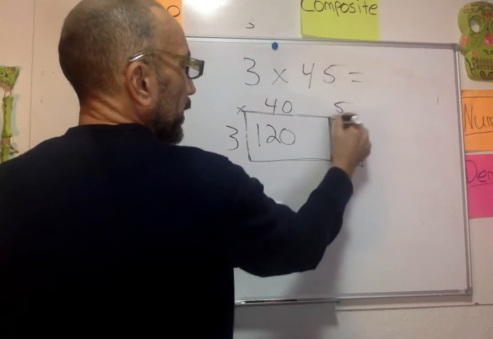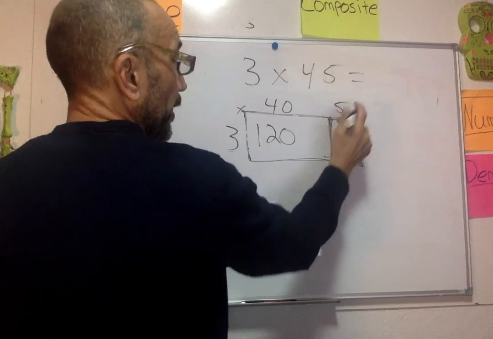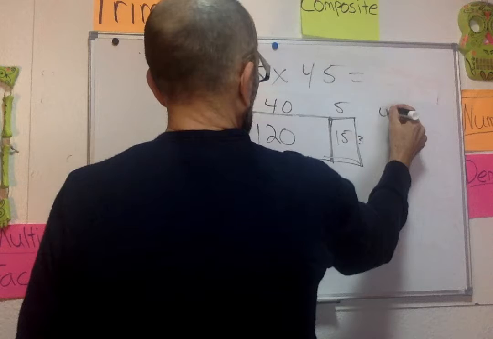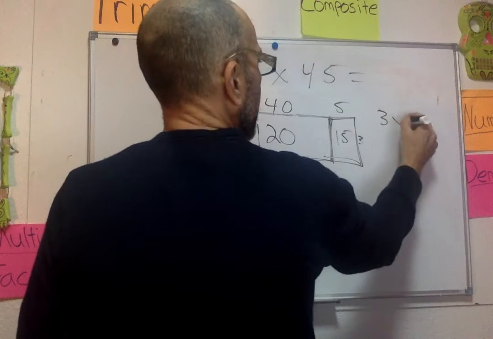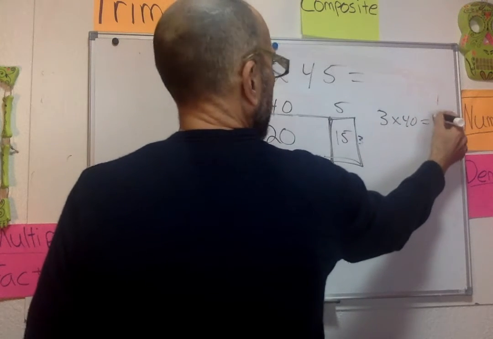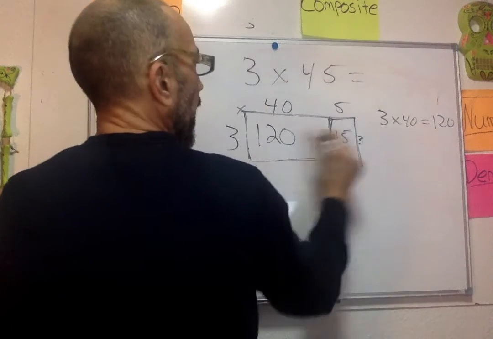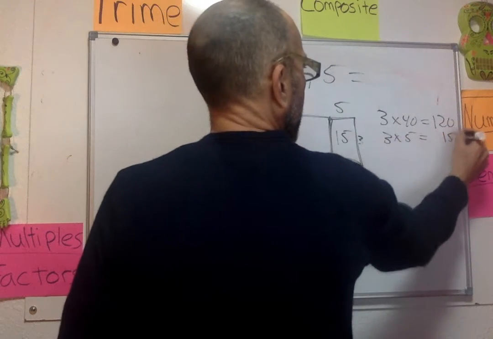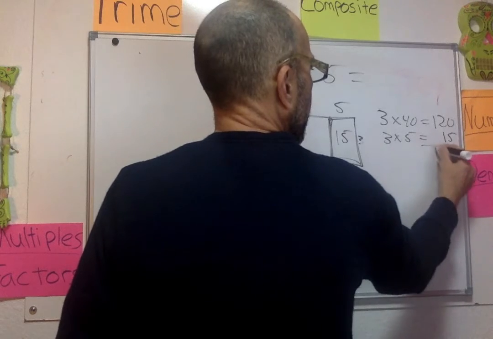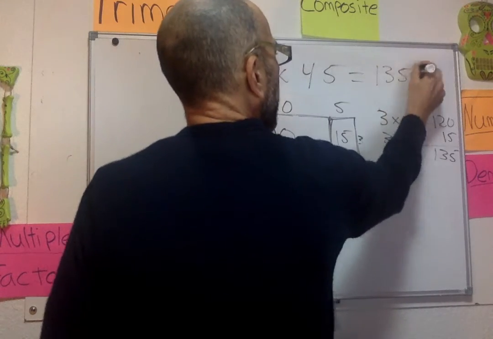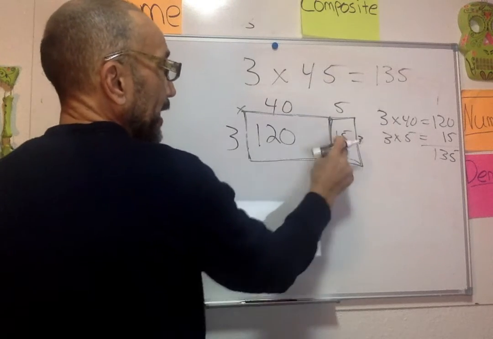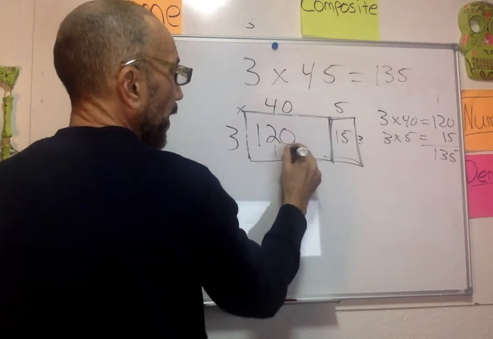Now we're going to do this area. 3 times 5 is 15. So what we did is we said 3 times 40 equals 120, and 3 times 5 equals 15. You add them up, 135.